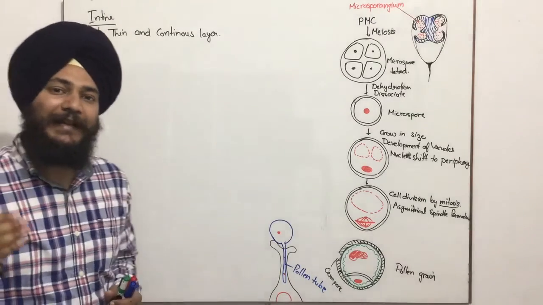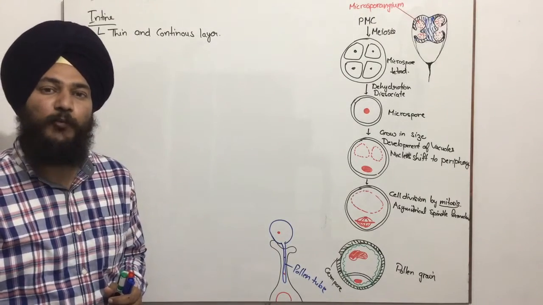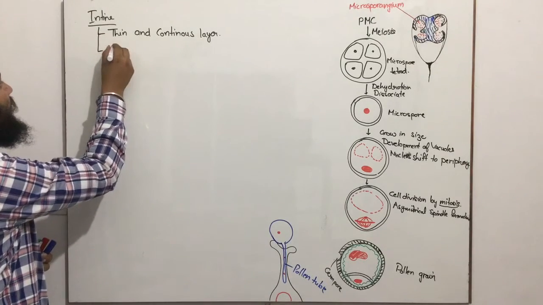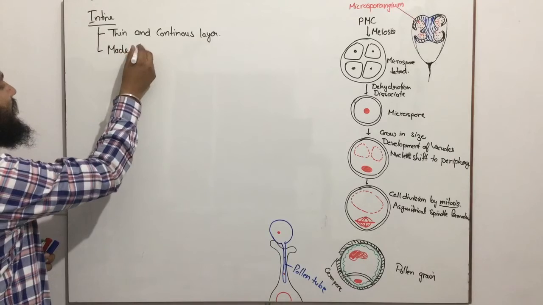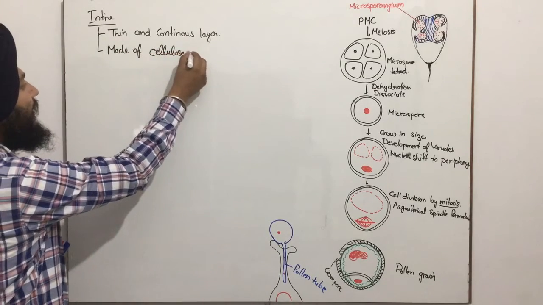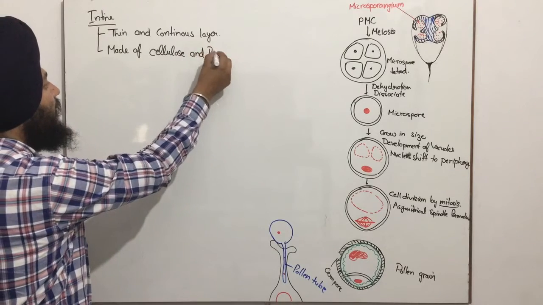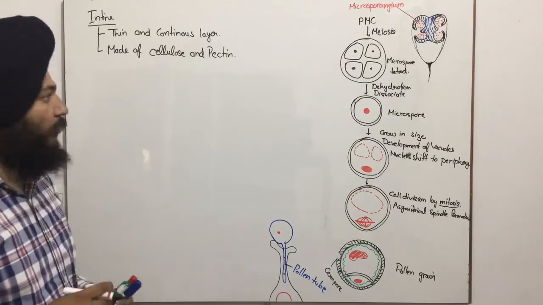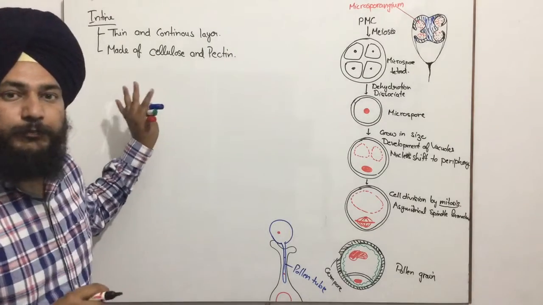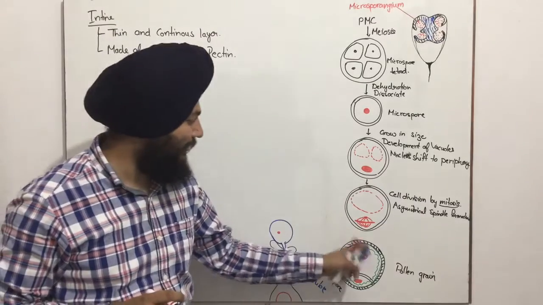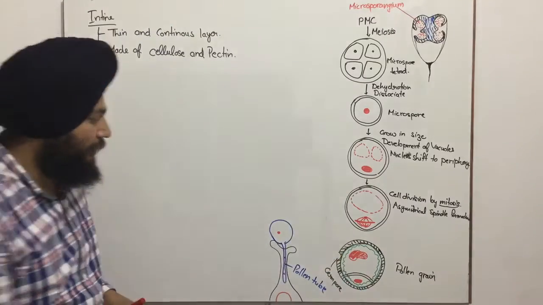And now, exine was made up of sporopollenin and the intine is made of cellulose and pectin. Okay, so now we are done with the wall of the pollen grain that has two layers. The outer is exine and the inner is the intine.